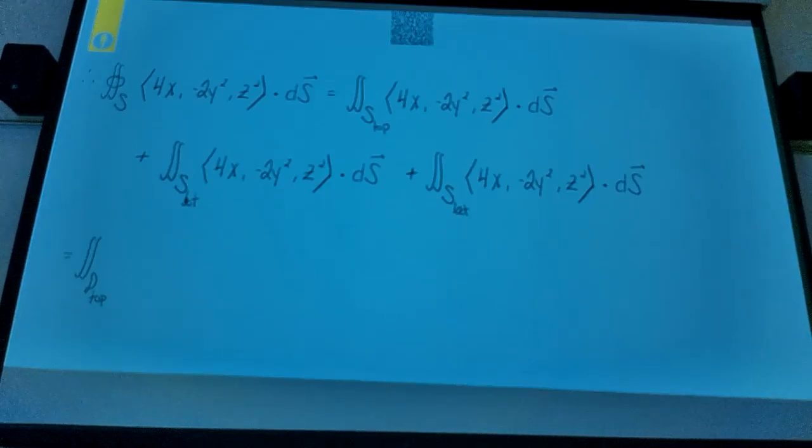Evaluate your vector field at the surface. And so for the top, it was r cosine theta, r sine theta, and 3. Then it's dotted with your normal vector, dA.